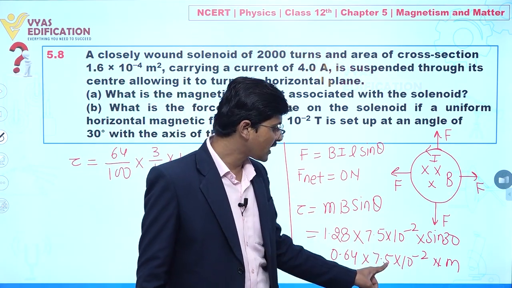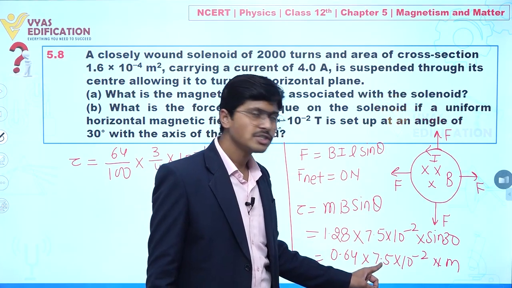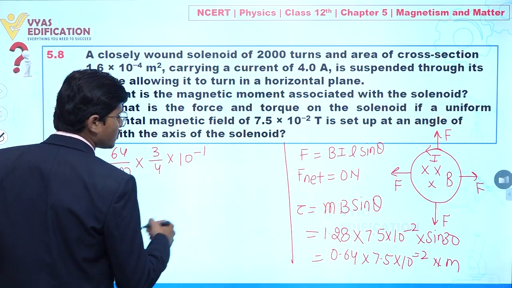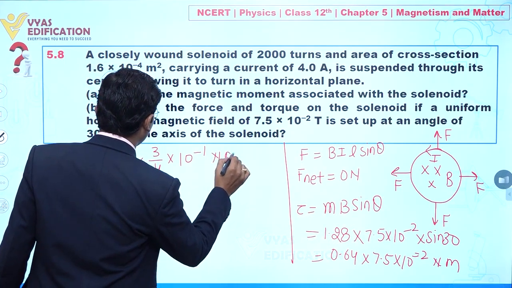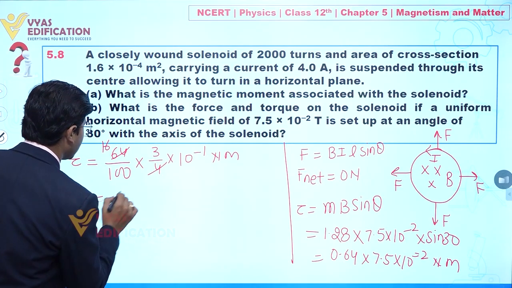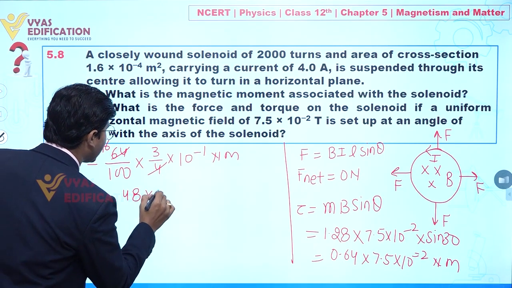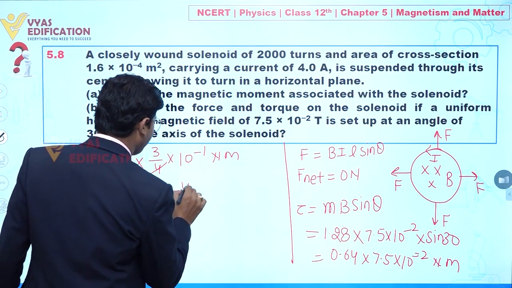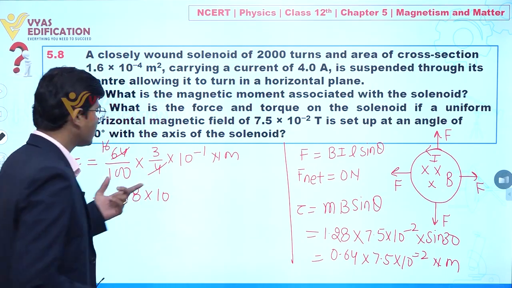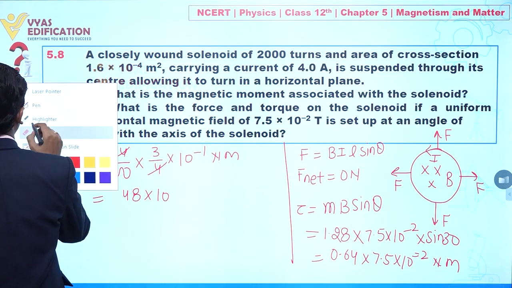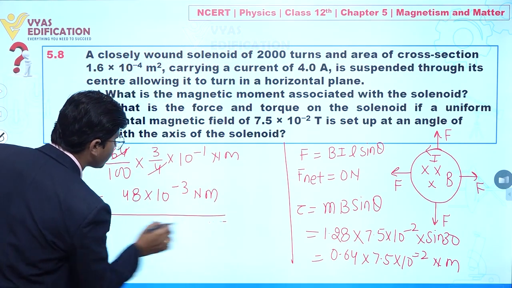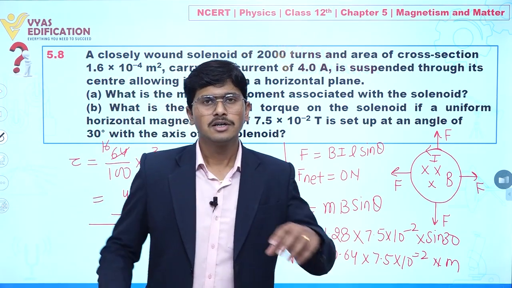I am multiplying by 10 and dividing by 10, so the power becomes -1. So in Newton meter, this one is 16, so this is 48 × 10^-3. So 48 × 10^-3 Newton meter is the value of the torque acting on this solenoid.